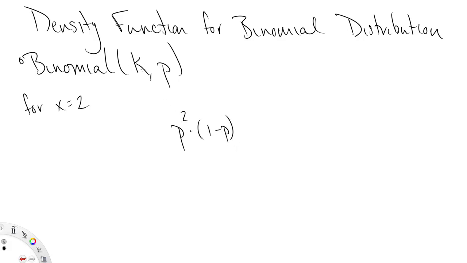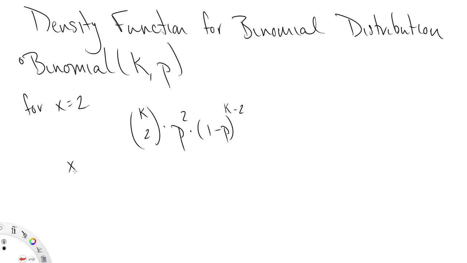If there are k total positions, and 2 of them are filled with p, then the other k minus 2 have 1 minus p. And there are, in fact, k choose 2 ways to observe 2 1s in k positions.